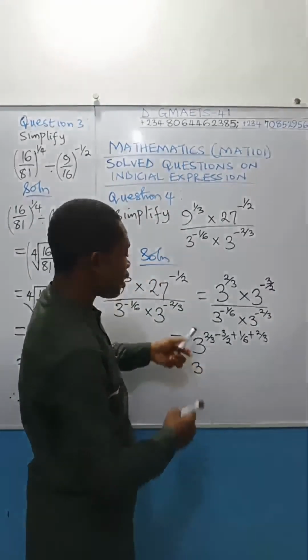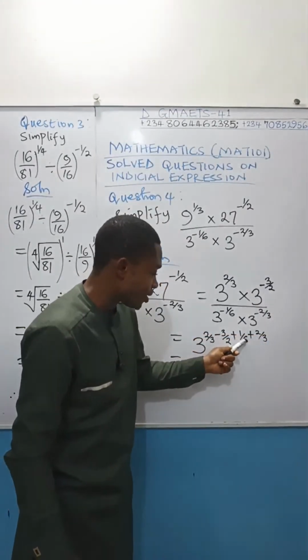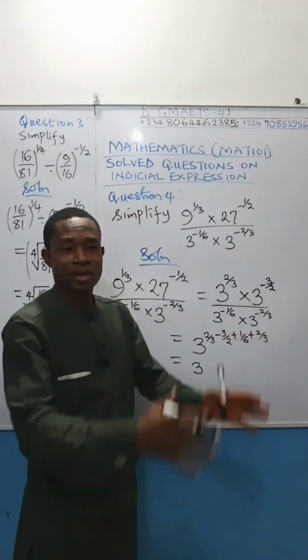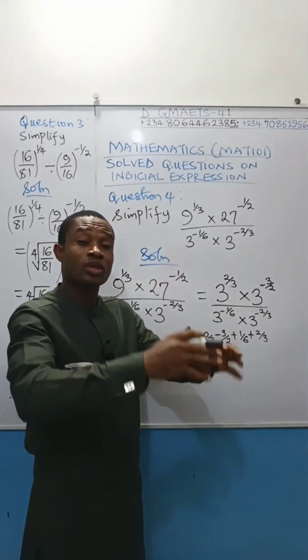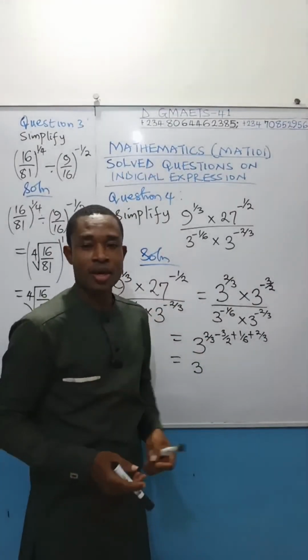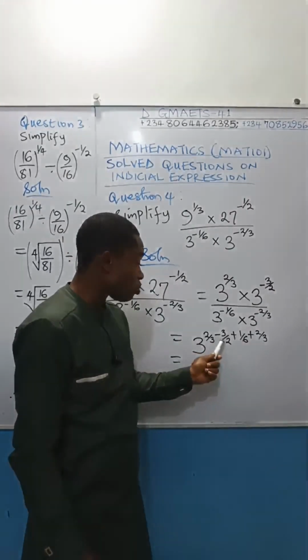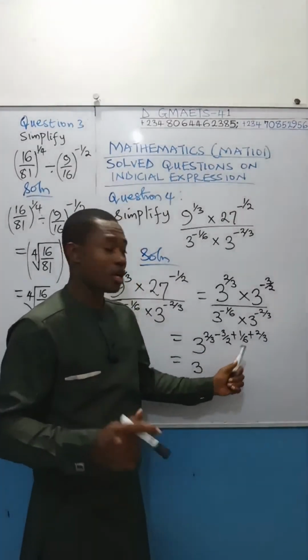You now work out the LCM of the powers. Look at the denominators: 3, 2, 6, 3. What is the LCM? In our basic class, I have taught this concept of LCM. The LCM here is 6. If you look at the smaller numbers, they can divide the bigger one without remainder.